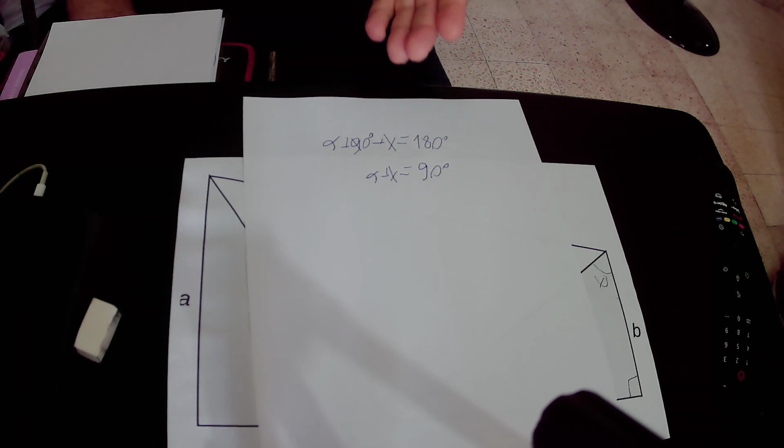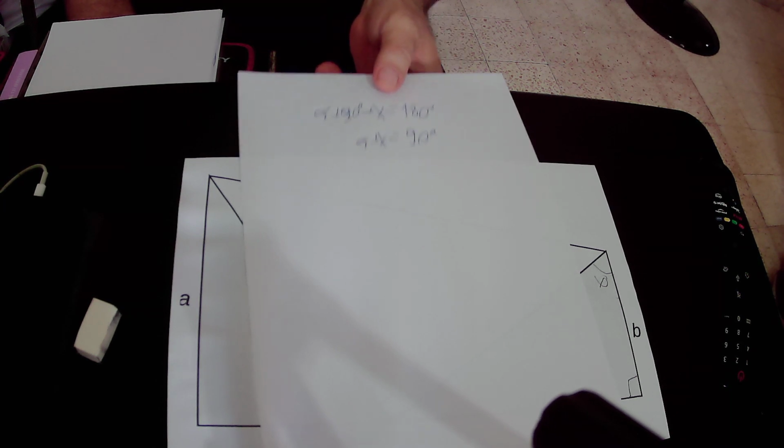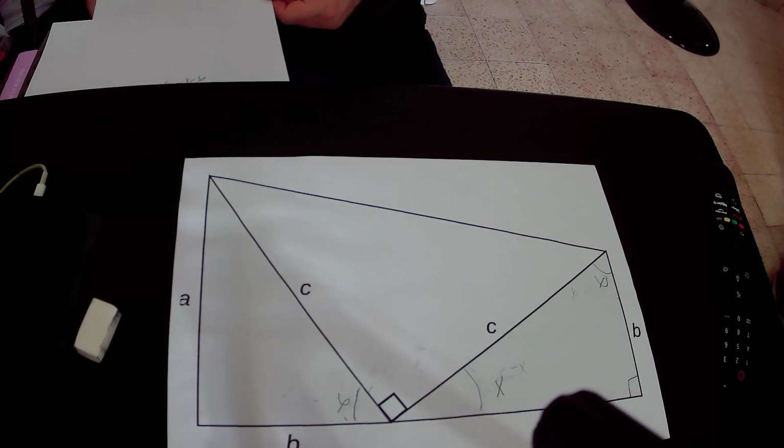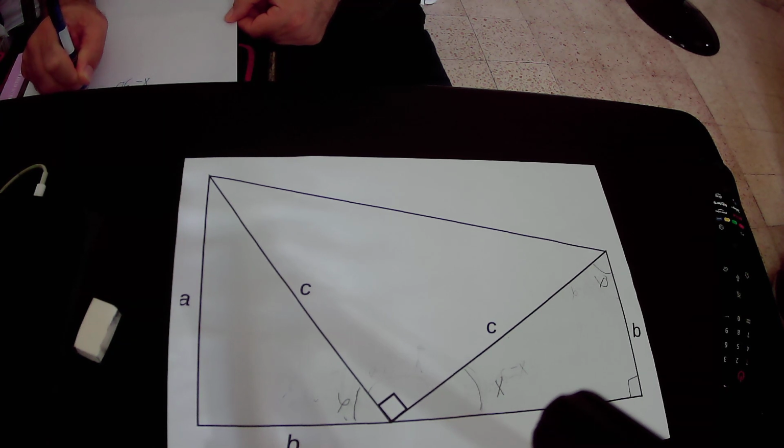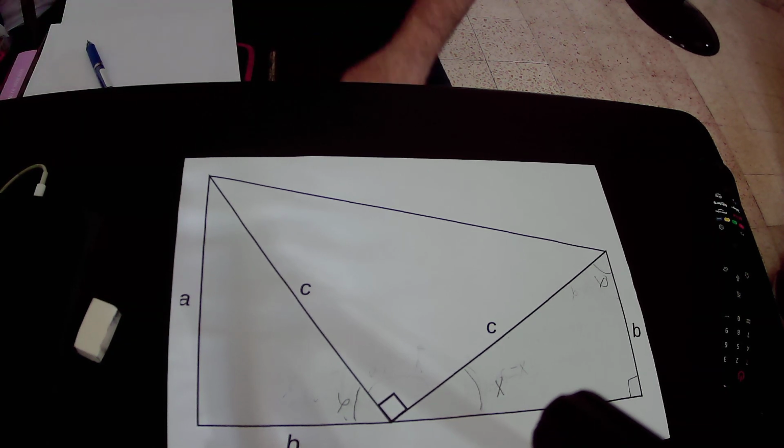And if we subtract alpha from both sides of the equation, then we will get that x is equal to 90 degrees minus alpha.